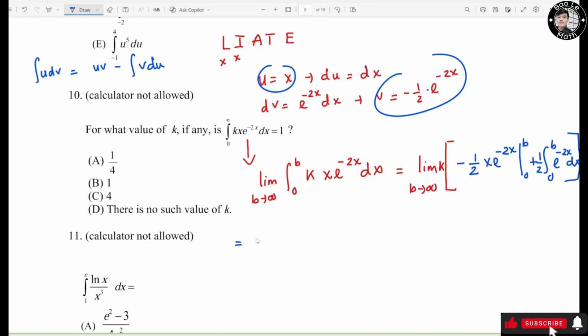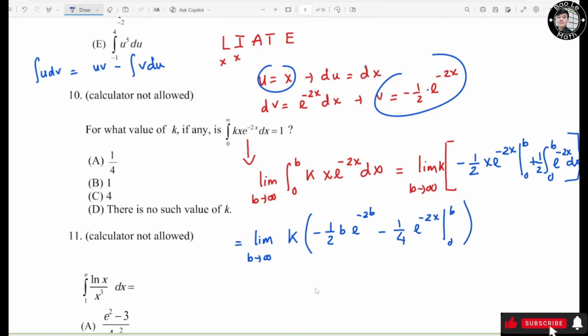So it's going to be the limit as b approaches infinity of k times, substituting b for s, negative 1 over 2 b times e to the negative 2b. Now for this one, take the antiderivative. It's going to be negative 1/2, and with the 1/2 here it becomes negative 1 over 4 e to the negative 2s evaluated from 0 to b.